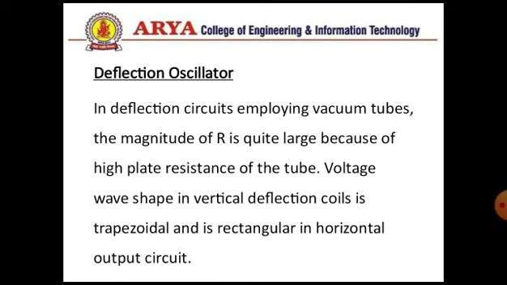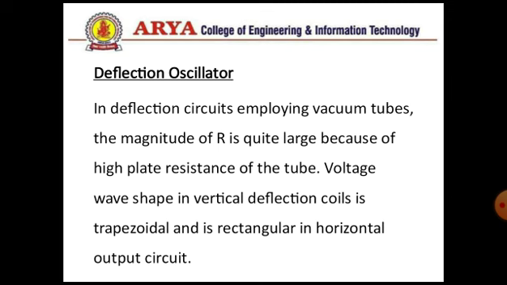In deflection circuits employing vacuum tubes, the magnitude of R is quite large because of high plate resistance of the tube. Voltage wave shape in vertical deflection coils is trapezoidal and is rectangular in horizontal output circuit.